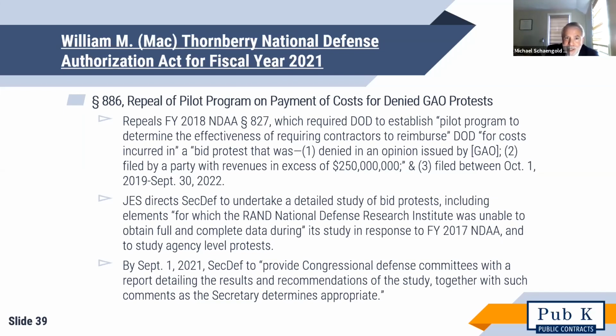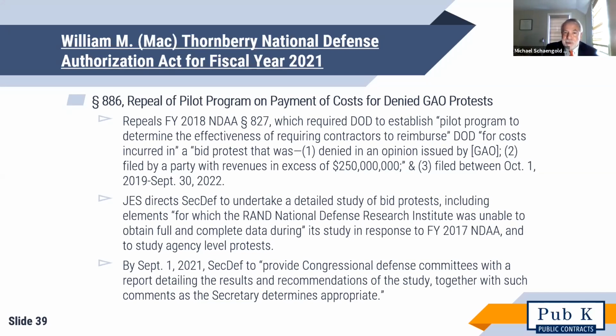However, in its place, the joint explanatory statement directs the Secretary of Defense to undertake a study to examine elements of the 2017 NDAA Section 885 for which the RAND Corporation was unable to obtain full and complete protest data during its analysis.